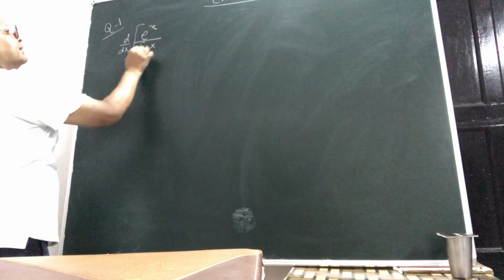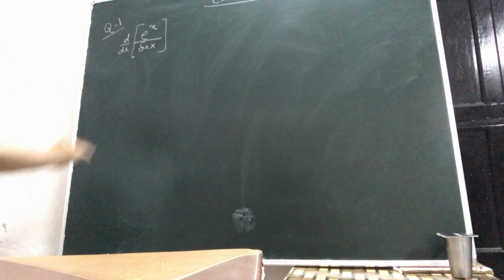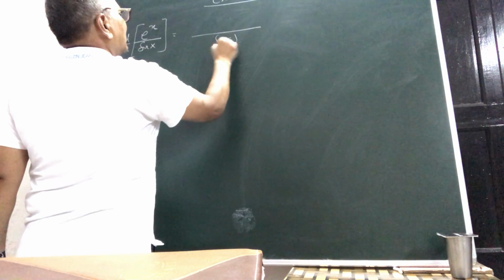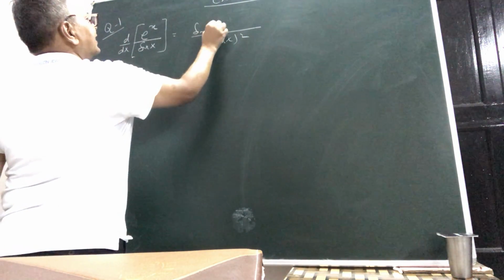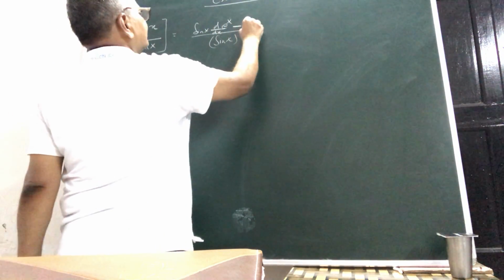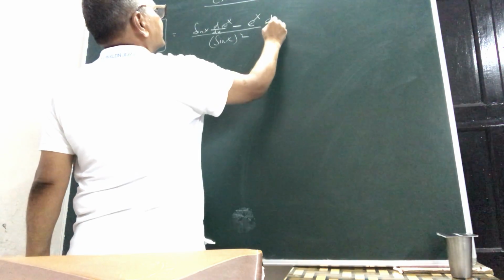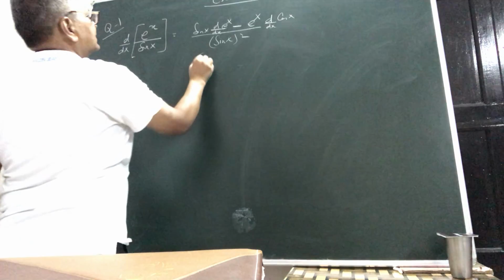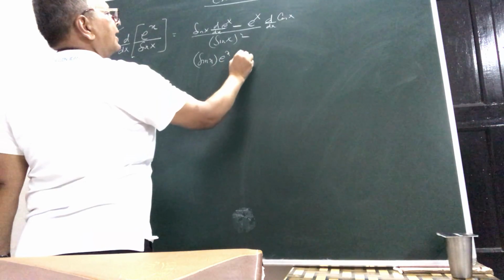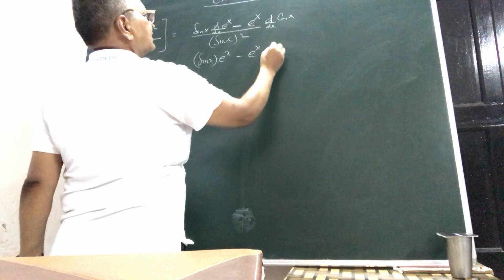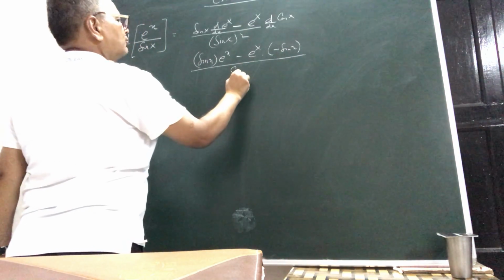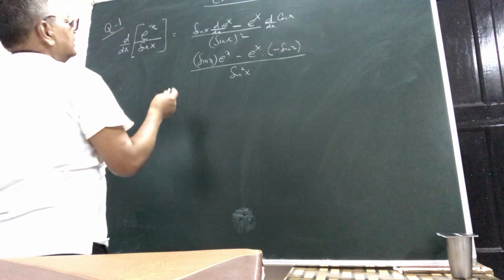Here you are seeing that it is a division of two functions, therefore by the quotient rule, it is the denominator sin x into d by dx of e raised to power x, minus e raised to power x, the first numerator, into the derivative of the denominator, cos x. So it is sin x into e raised to power x minus e raised to power x, and the derivative of cos x is minus sin x, upon this sin x whole square, whether you write it that way or you write sin square x. So this is the answer.